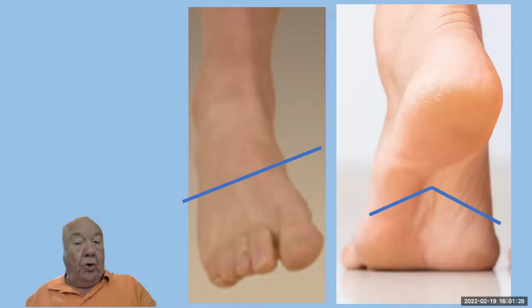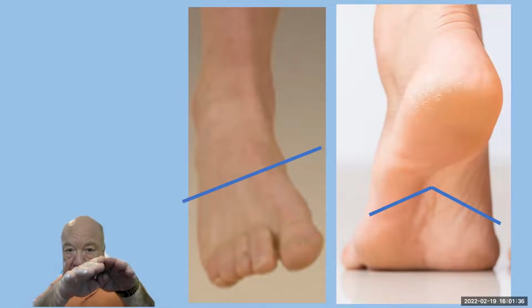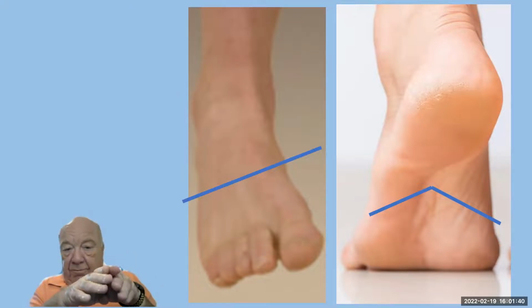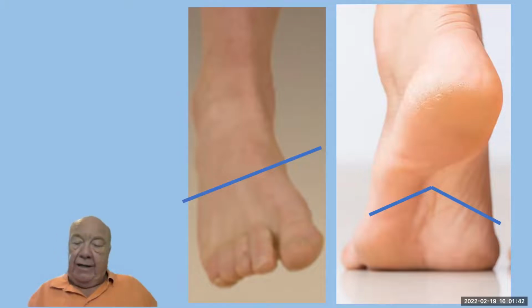To produce supination, I don't have a muscle that can fold the foot that way. So this is done by body weight, and the foot folds on itself. Pronation, which we'll see in a minute, does that too. So it's a folding movement and a fanning movement, or if you like, a twisting movement and a flattening movement. But this is the difference between the two.